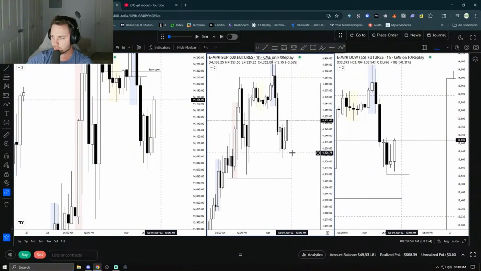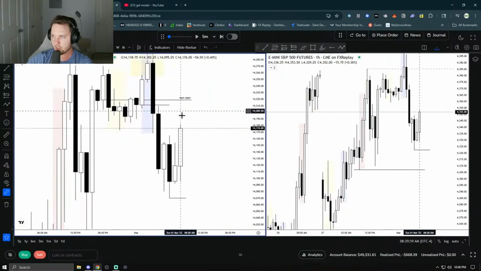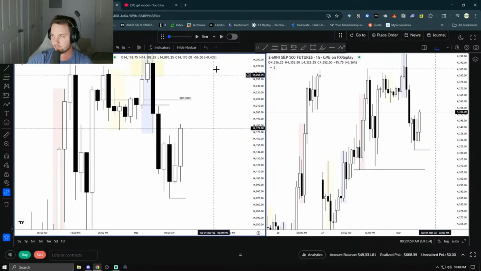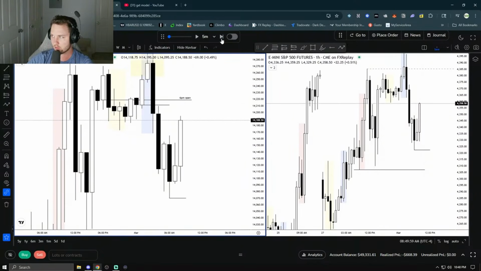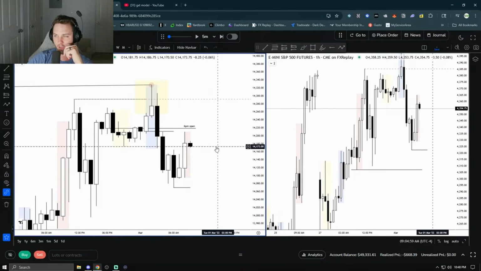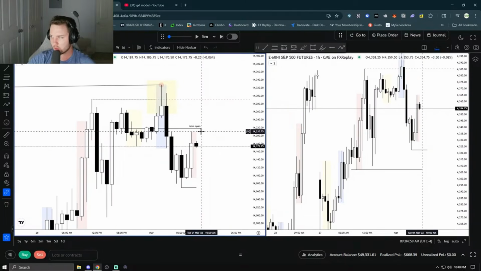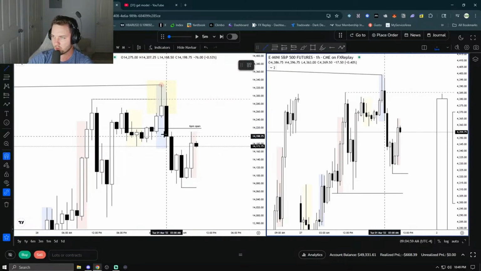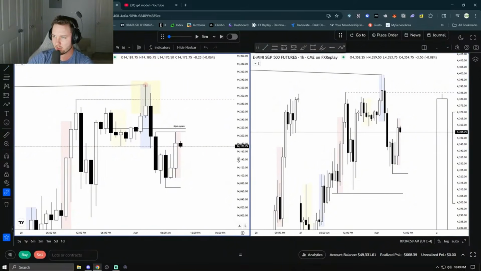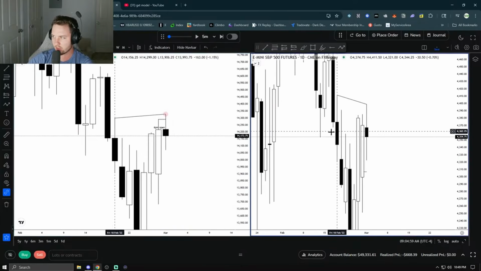Okay, so now we just have to wait, because I'd want to trade away from this. So let's see, equal highs. Let's look at the daily quick. We don't have an expansion on the daily.